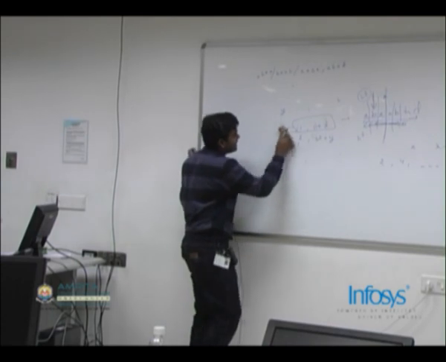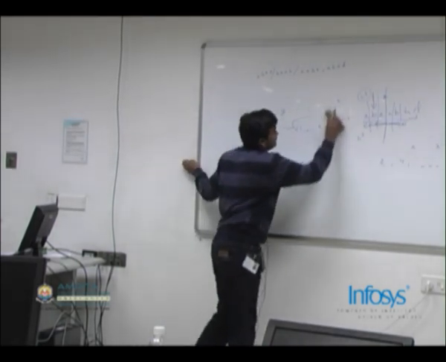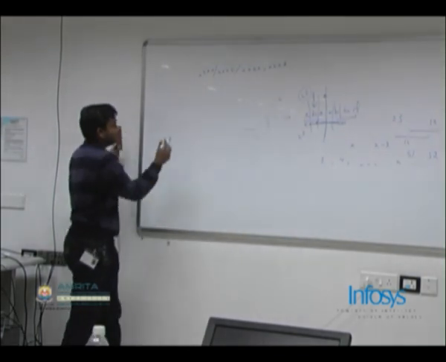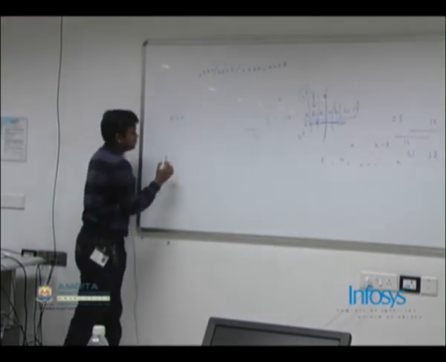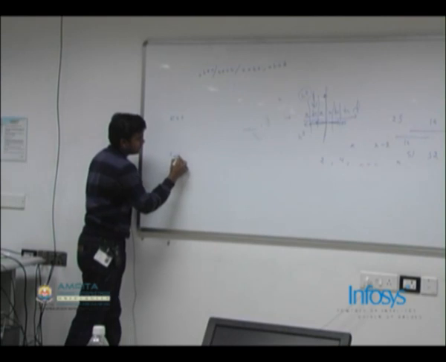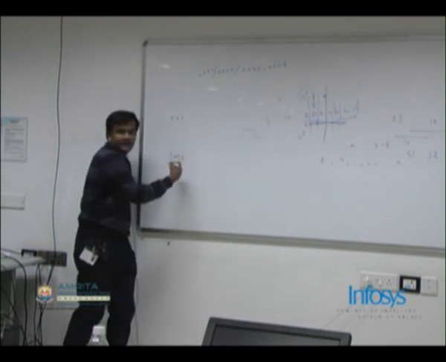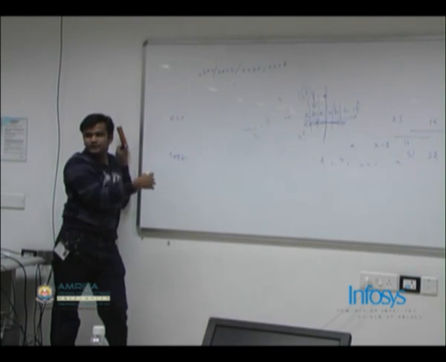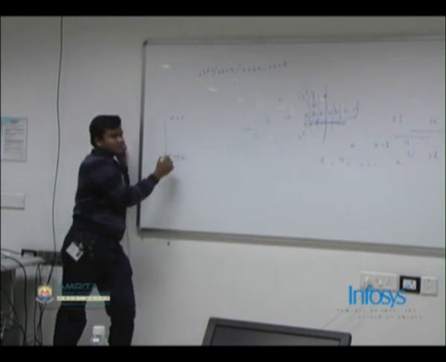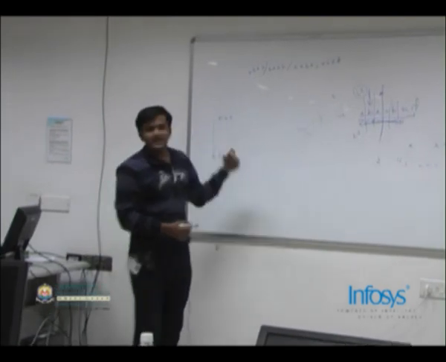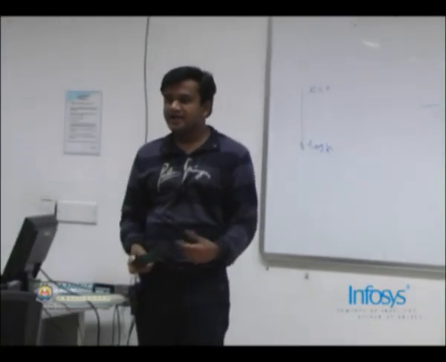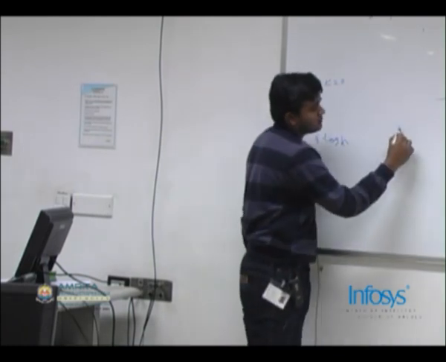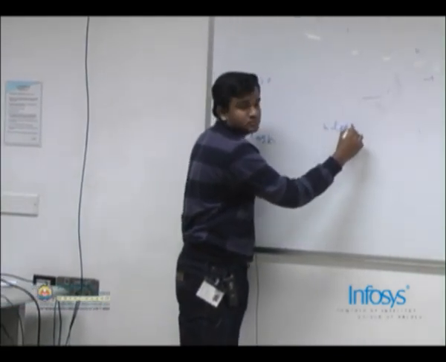So I gave a rough idea. We are going from k equal to 0 up to log n, after which 2 to the power k will become more than n, so we will not go forward. So the levels in this are log n. At each level I am doing a sorting of n pairs. Let's say the sorting takes n log n time.